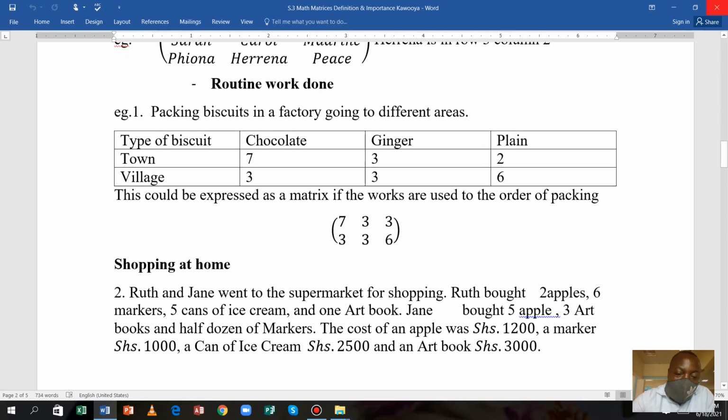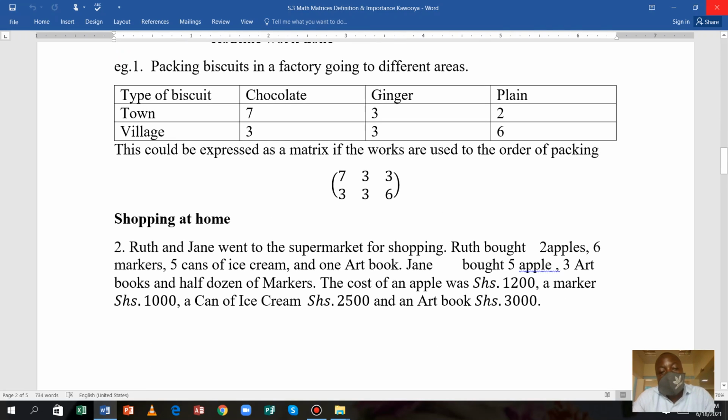The shopping we do at home can also be represented in matrix form. An example, if we have Ruth and Jane who went to a market for shopping, Ruth bought 2 apples, 6 markers, 5 cans of ice cream, and 1 art book.